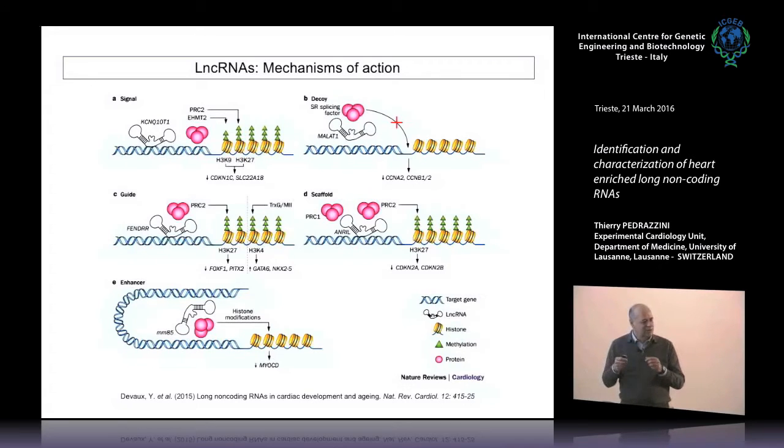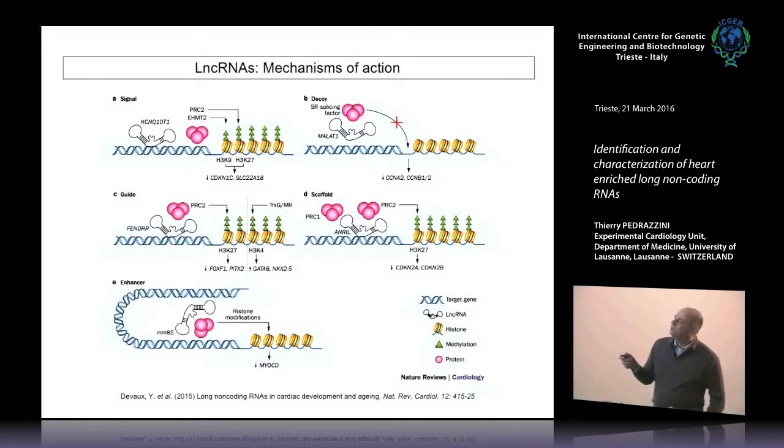So they provide some kind of address code to a non-specific system to target this modifier to specific locations in the genome. So they can act as signals, so that the modifier modifies the genome at particular locations.